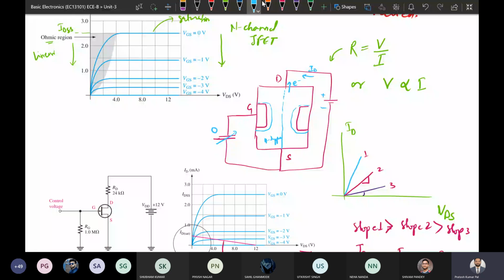So the channel behaves like a resistance path where there are different voltage drops: suppose 5 volt here, less than that, 4 volt, and here 3 volt. If we consider this short path, it will have low resistance. If we consider the whole path, it will have higher resistance.